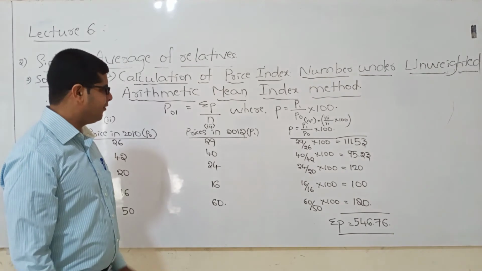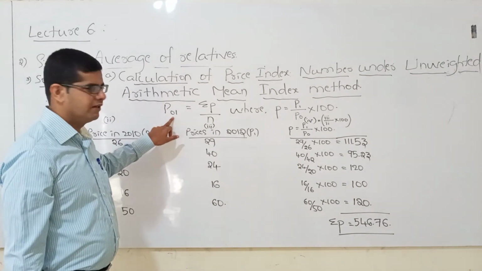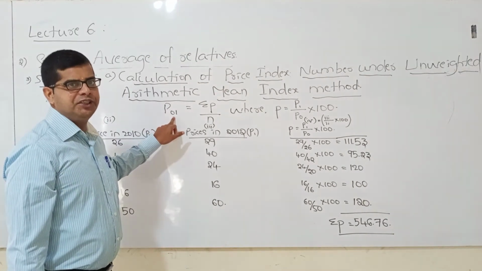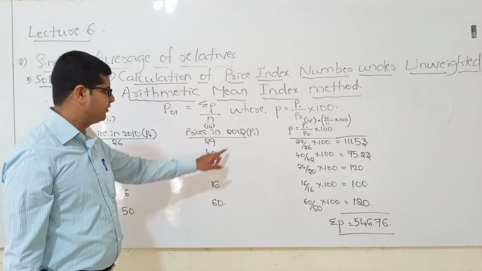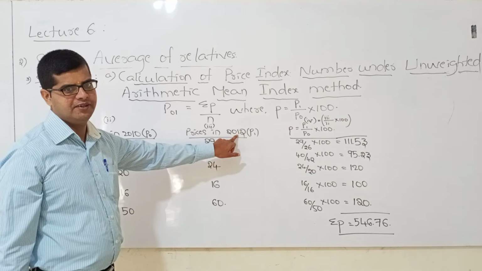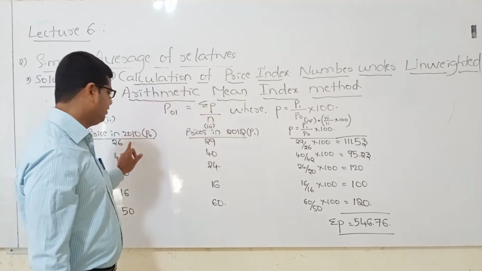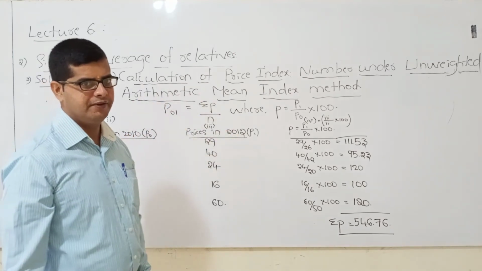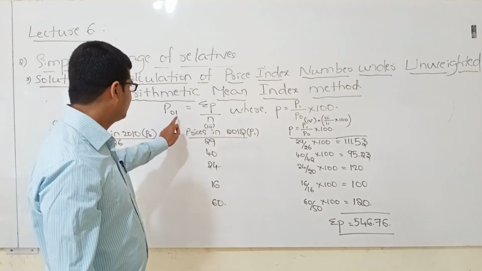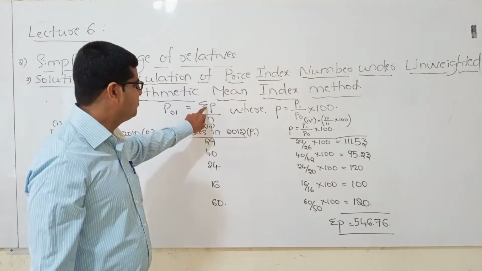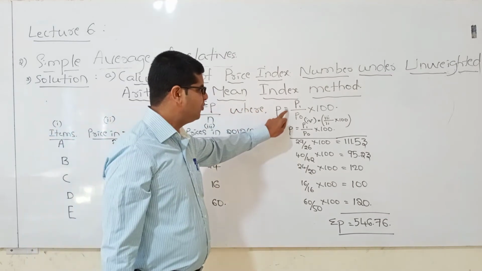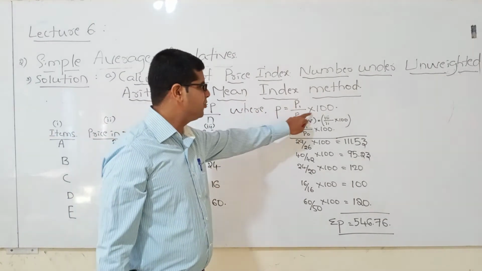So what we need now? Change in prices of the commodities for the year 2012, taking base year 2010. Formula is P01 is equal to summation P divided by N, where P is equal to P1 divided by P0 into 100.